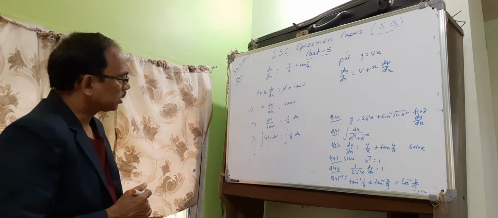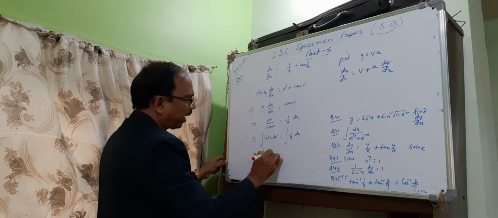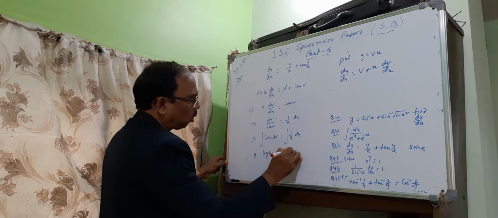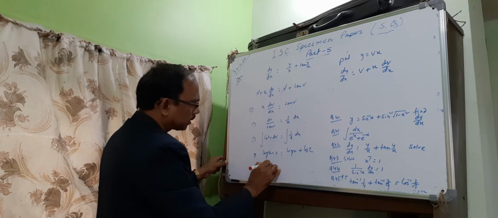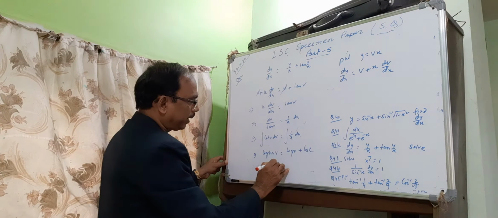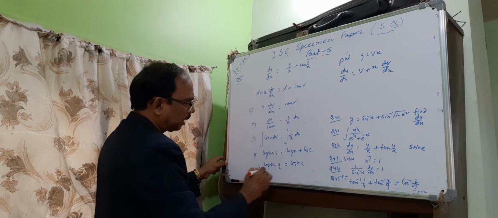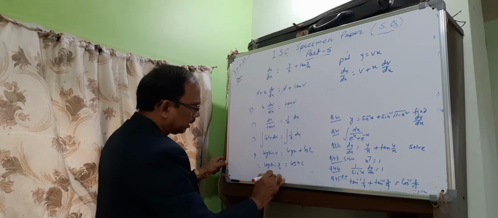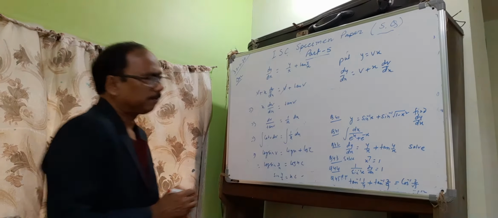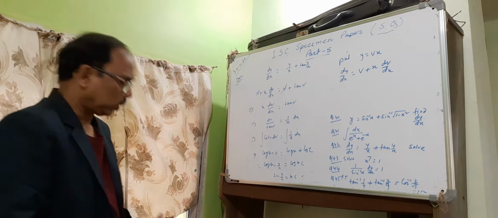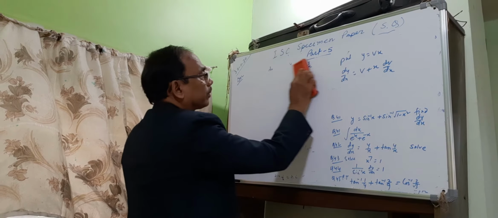The integration of cot v is log sin v, so log of sin v equals log x plus log c, that is log of sin v, where v is y by x, equals log xc. Then sin y by x equals xc, which is the required solution of the given differential equation.